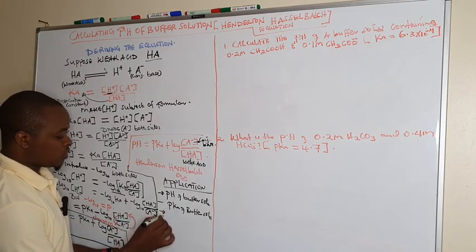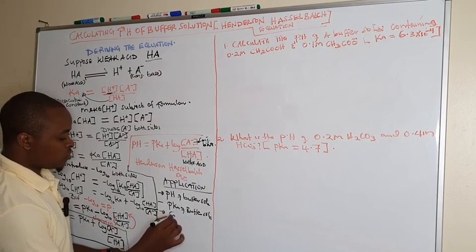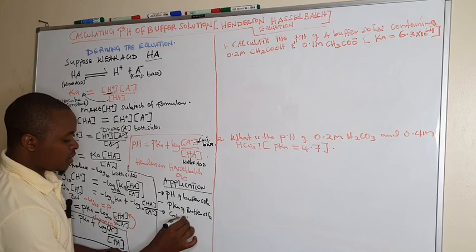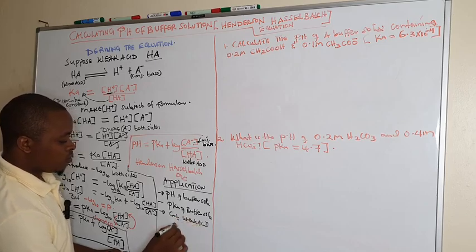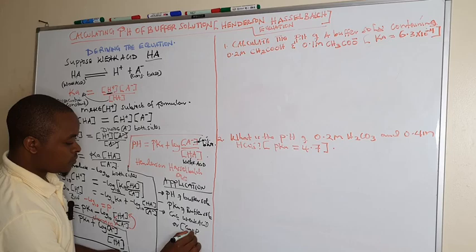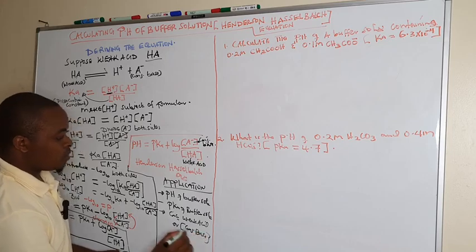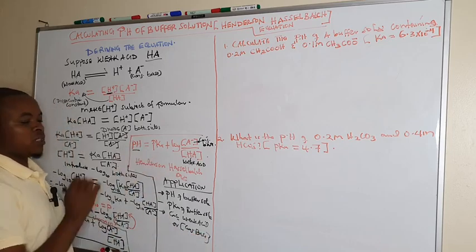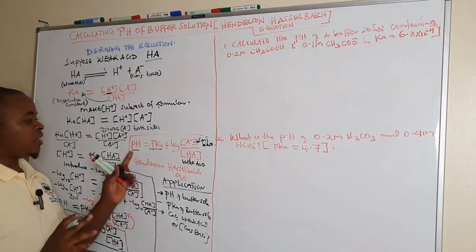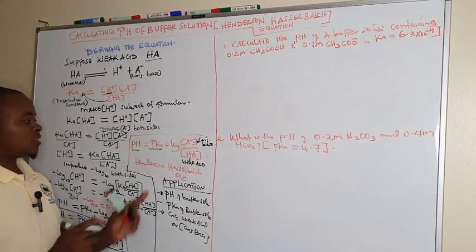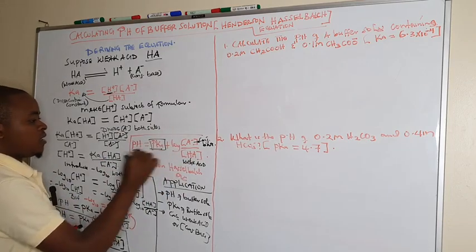Or we can also use it to calculate the concentration of the weak acid, or we can determine the concentration of the conjugate base. Because we have pH, so we can calculate pH. We have pKa, so we can also determine, if we have pH and these concentrations, the pKa.